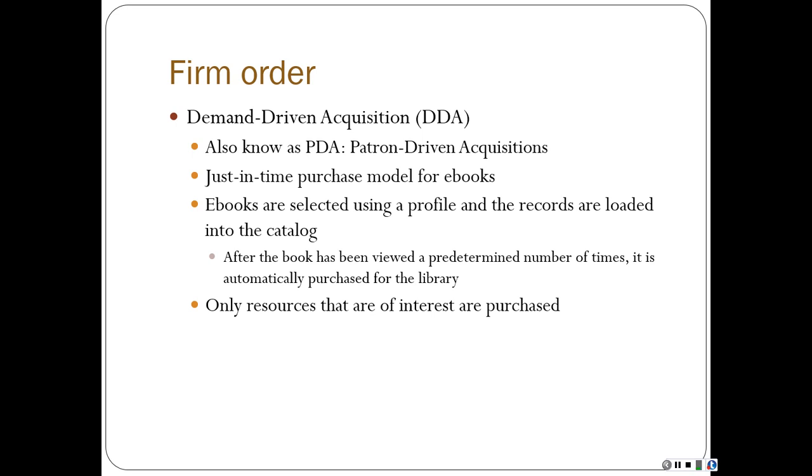Murray State Library does have a DDA program in place. It's through EBL, and we've provided over 20,000 titles that are available through the catalog. So you can search the catalog for a resource, click on the link, even get into the book and start reading it and using it.